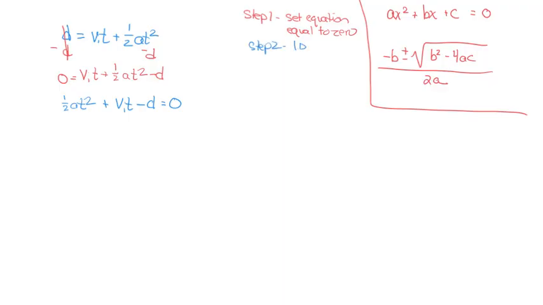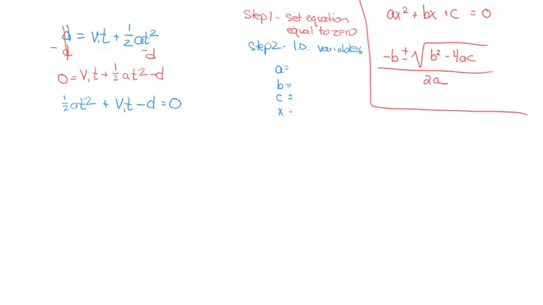So next, step two is to identify the variables. So you're going to identify the variables a, b, c, and x. I basically did that a few minutes ago, but that is going to set you on a path for being able to solve this.